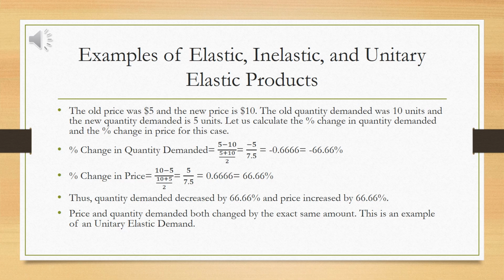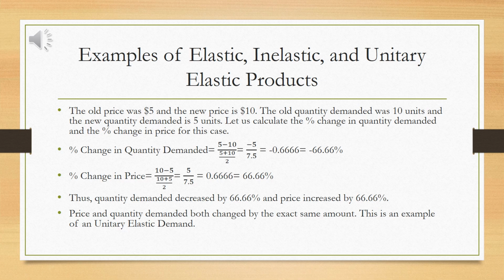So 5 minus 10 over half of 5 plus 10, which is minus 5 over 7.5, which is equal to minus 0.666, which is minus 66.66%.